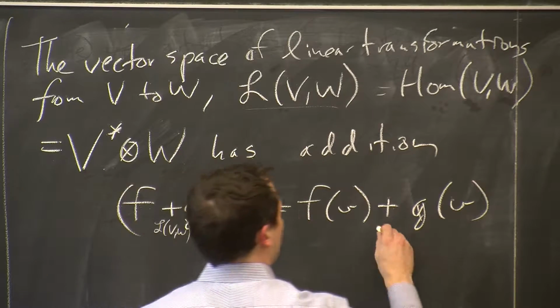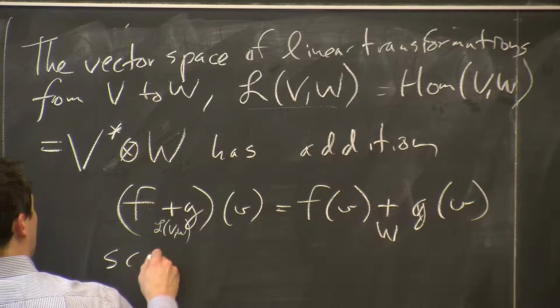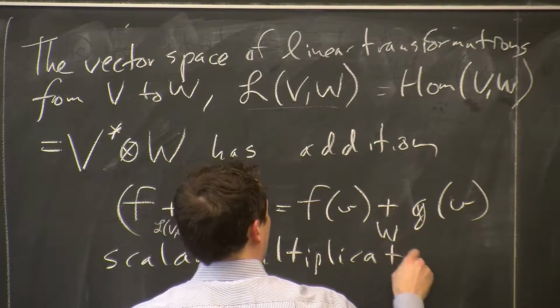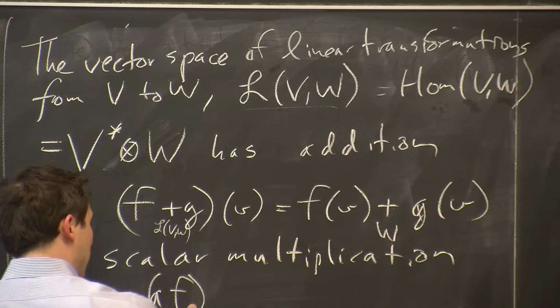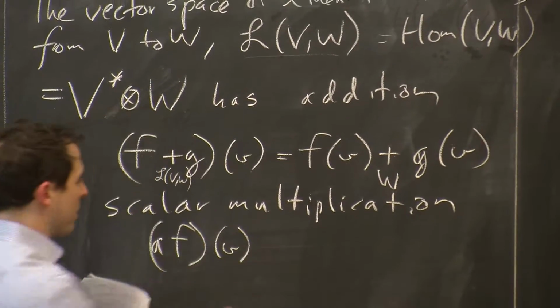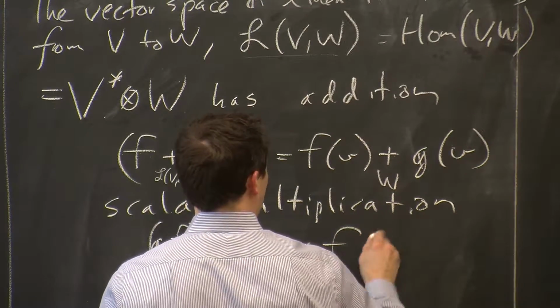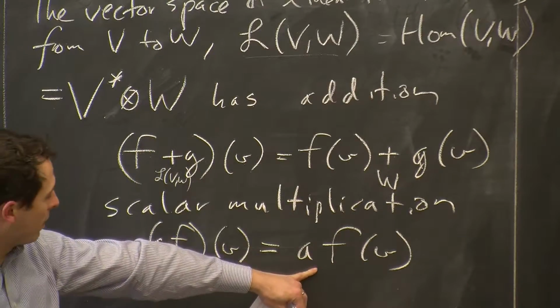And the addition over here happens in W. So we're inducing the vector space structure on the space of linear transformations from the vector space structure on W. And it had scalar multiplication, also induced. That is, a f for a in the field is defined by the application of this function to v as a times whatever f of v was. Just as the addition was happening in W over here, the scalar multiplication is happening in W over here.